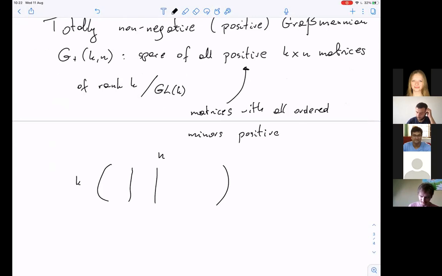I take some i1, i2 up to ik columns of this matrix. Now I have a square k by k matrix, I can take a determinant, and this is what I call the maximal minor. The idea is that a positive matrix is a matrix where all these maximal minors are positive. So not every element of the Grassmannian will be an element of the positive Grassmannian, but every element of the positive Grassmannian is an element of the Grassmannian.